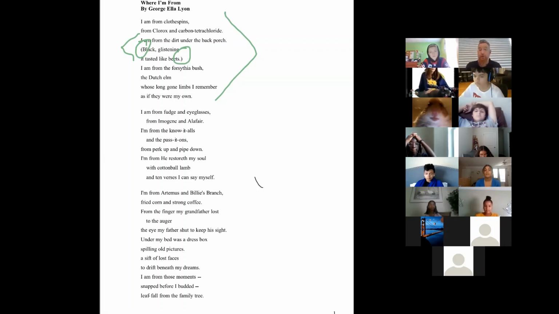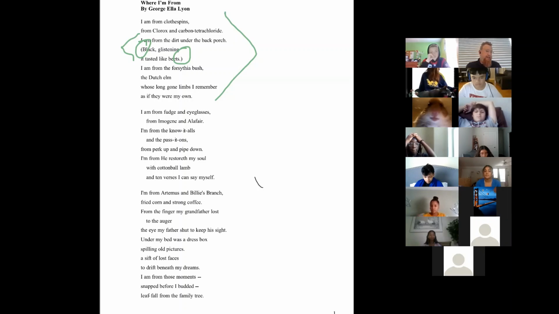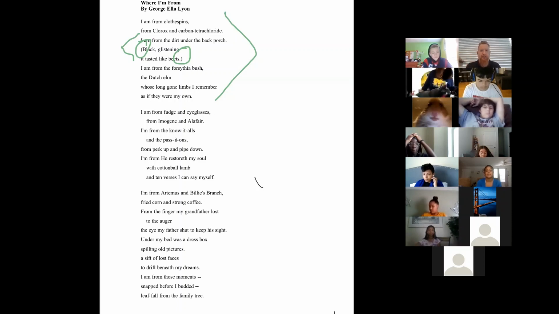A parenthetical is when you have something in parentheses. So you don't have to put something in parentheses to be like, oh, here's something that I'm trying to explain. But yeah, that's exactly what she's doing, explaining what the dirt tasted like. She would climb underneath the porch and have to lay there quietly trying to hide, playing hide and seek, and she tells us exactly what the dirt actually tastes like.